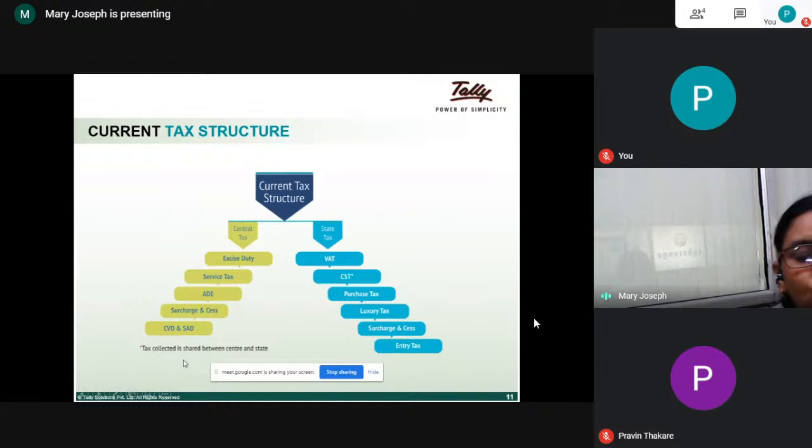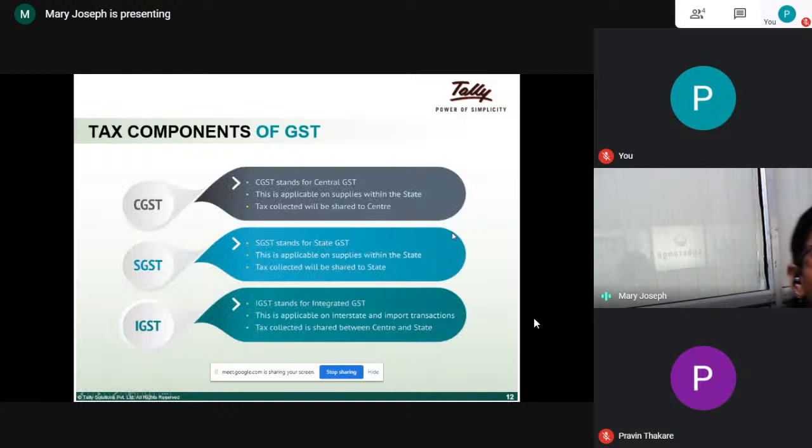Tax collected and shared between the central and the state. These two different types of taxes are collected from manufacturer up to the consumer, and distributed between the central and the state governments, both sharing these taxes.